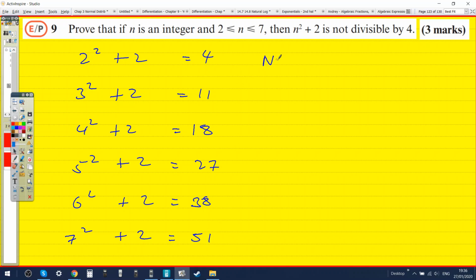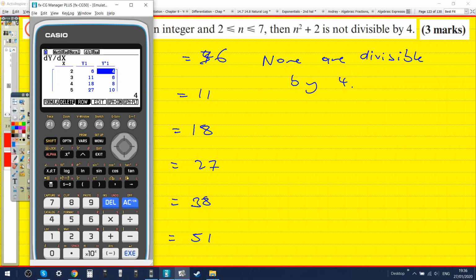And none are divisible by 4, or evenly divisible by 4. Wait, 2 squared plus 2, that's 6. Yeah.